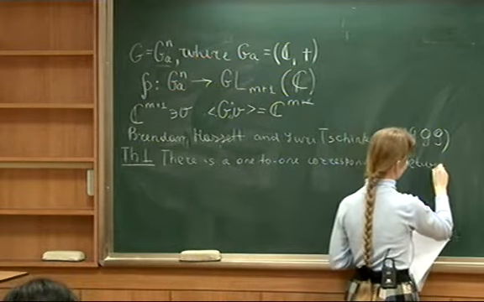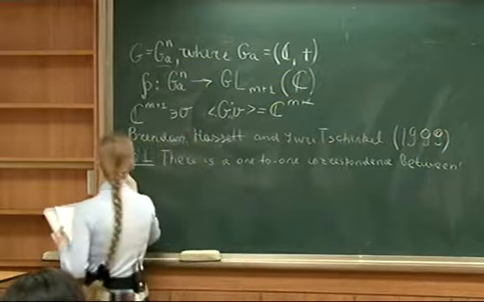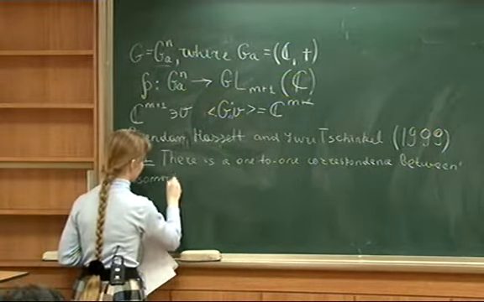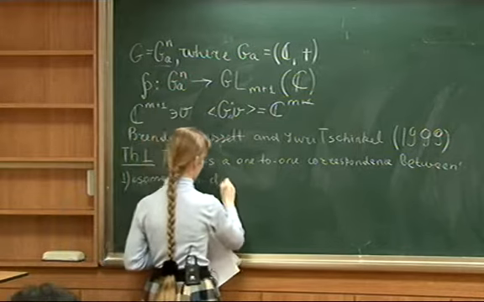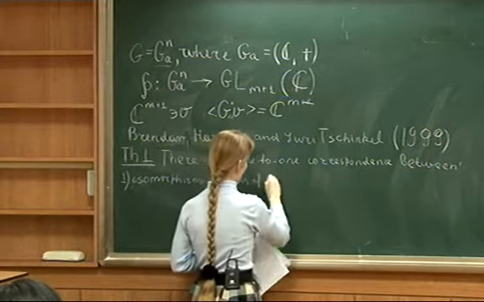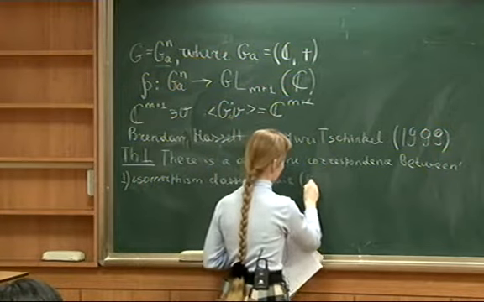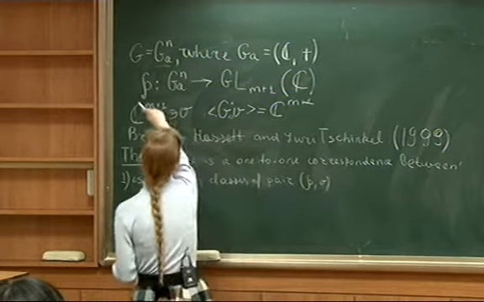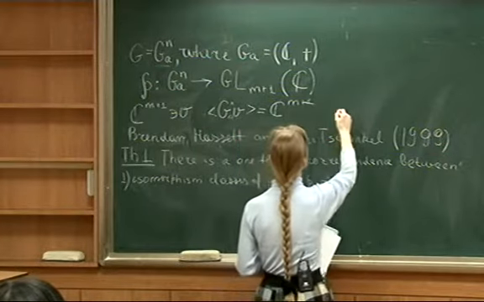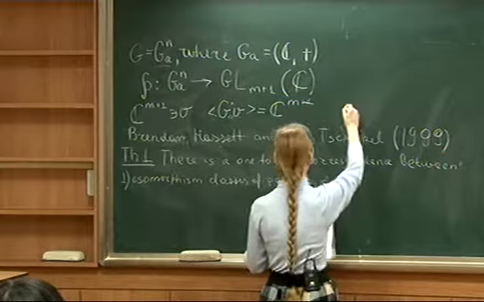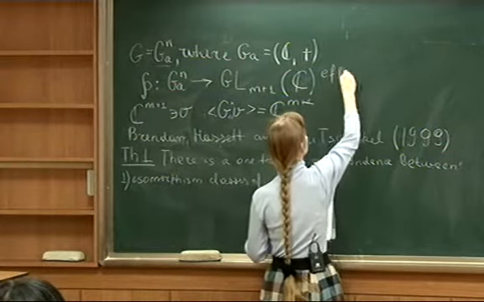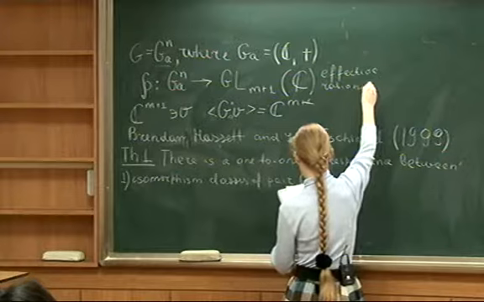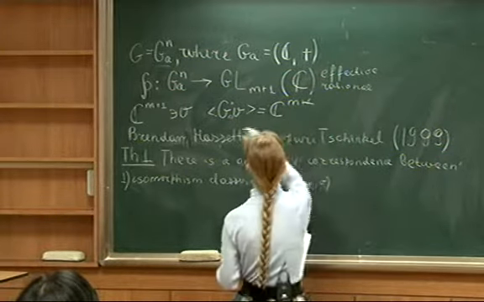Between the following. First, isomorphism classes of pairs (rho, v), where rho is such a representation, effective, rational and with a cyclic vector.